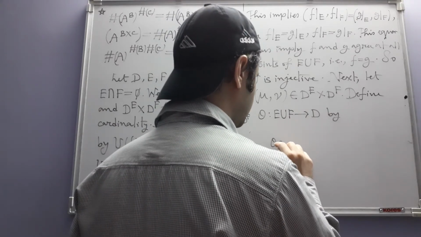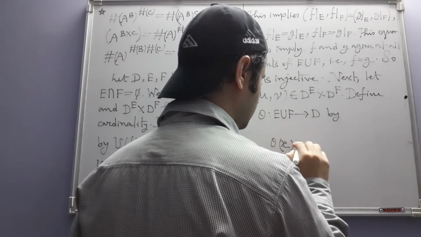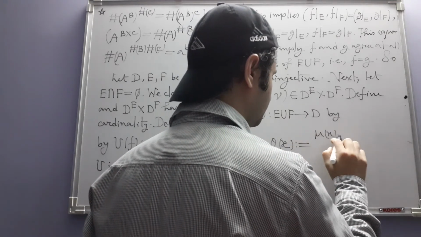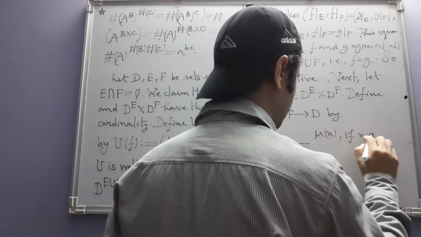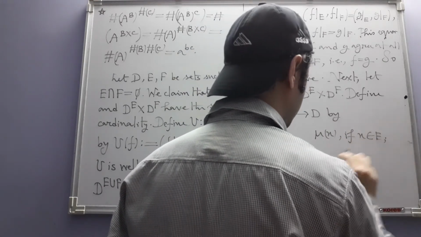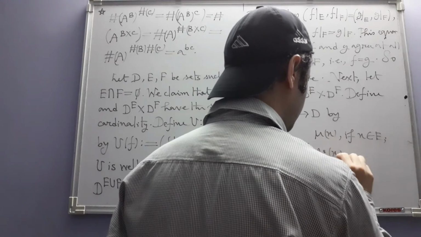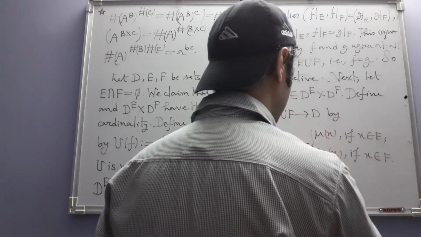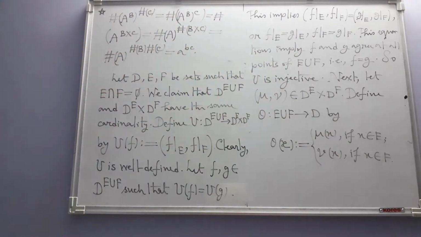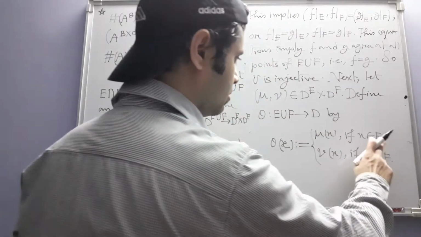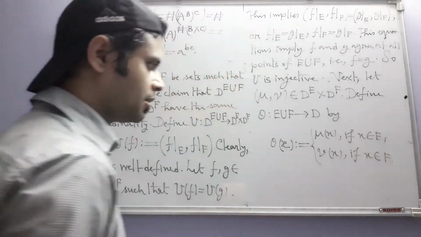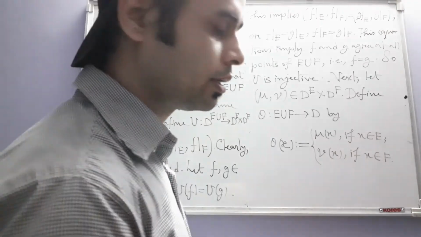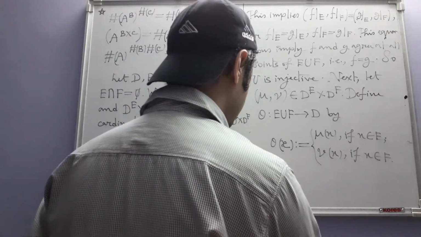Theta of x is defined to be equal to mu of x if x belongs to E and nu of x if x belongs to F. Mu and nu themselves are well-defined functions, and these two parts of the domain do not have any conflict because they are disjoint. So that's why theta is well-defined.